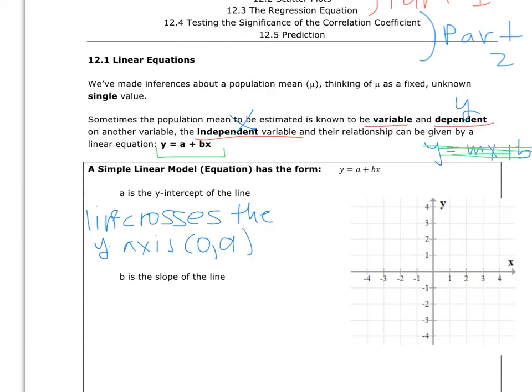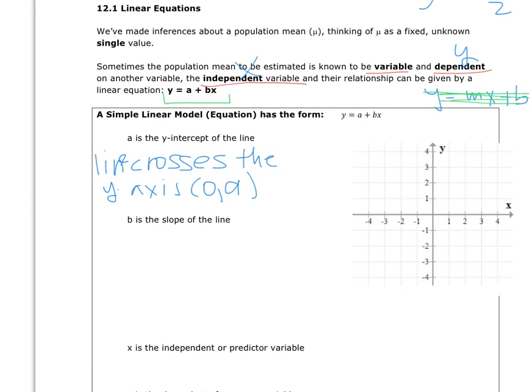And then b, the number that's multiplied by x, is what we call the slope of the line. And remember what the slope of the line is: slope is the change in the dependent variable, or y, over the change in the independent variable x.